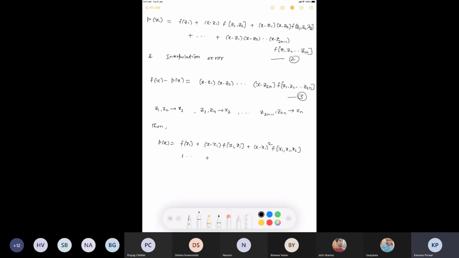The last term in this summation will be x minus x1 square up to x minus xn minus 1 square, and the last term will be x minus xn times the divided difference of f with the arguments x1 x1 up to xn xn.